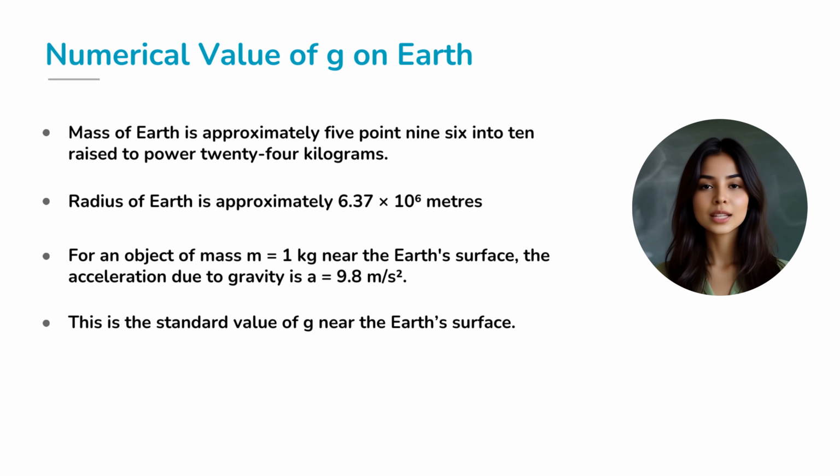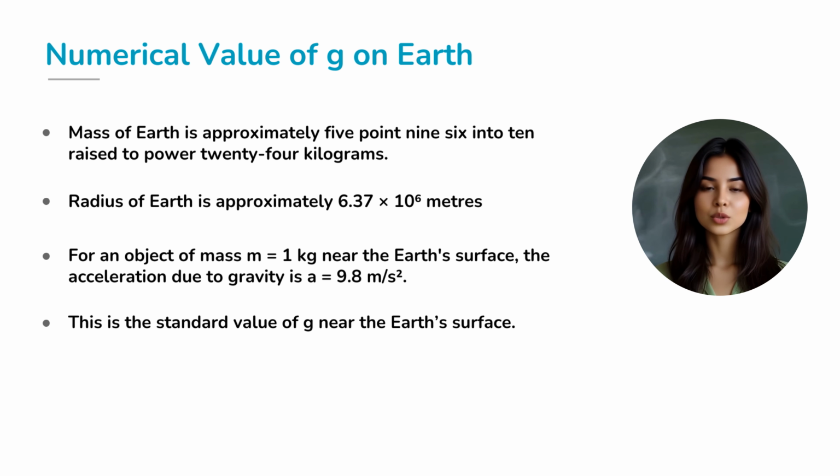Now, let's calculate it. The mass of the Earth is approximately 5.96 times 10 to the power of 24 kilograms. The radius of the Earth is about 6.37 times 10 to the power of 6 meters. Substituting these values into our equation for g gives us a numerical value of approximately 9.8 meters per second squared.